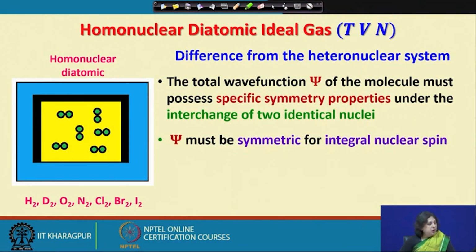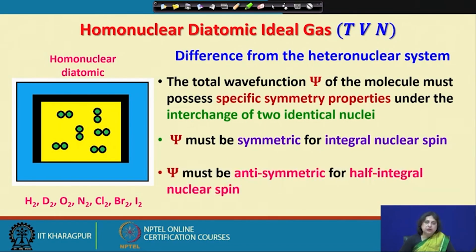We would like to have this overall total wave function psi symmetric with respect to interchange of two identical nuclei for integral nuclear spin. But if it so happens that the nuclear spin is half integral, in that case psi must be antisymmetric with respect to interchange of the two nuclei.